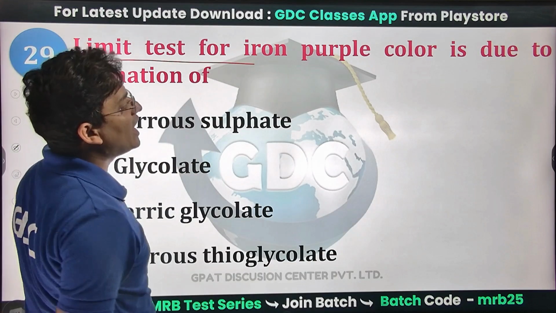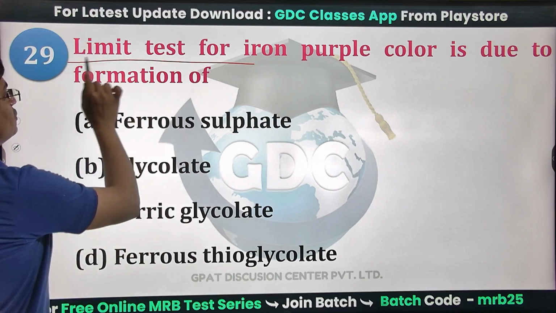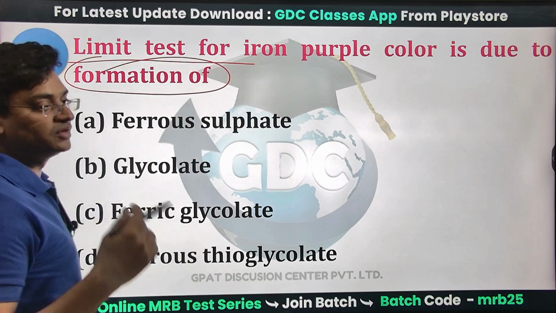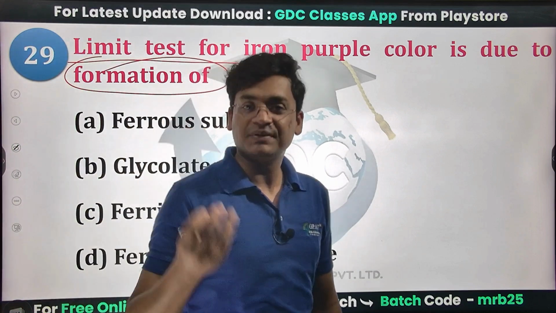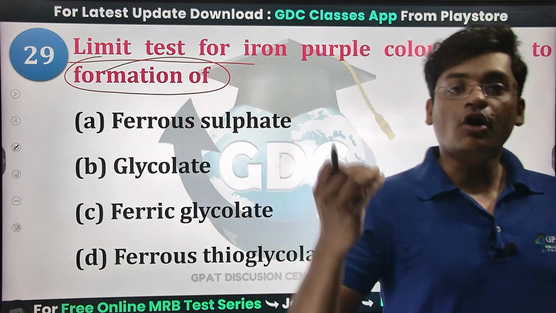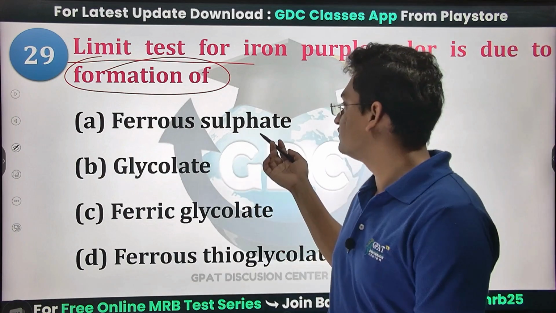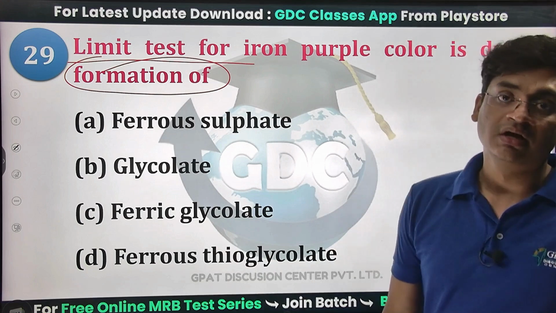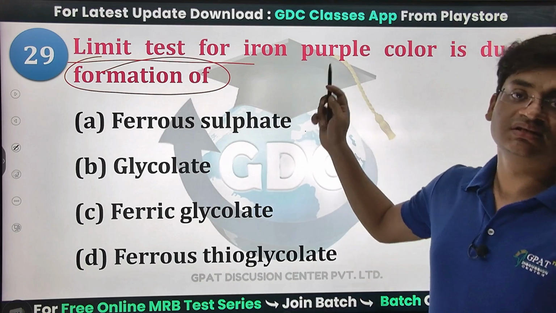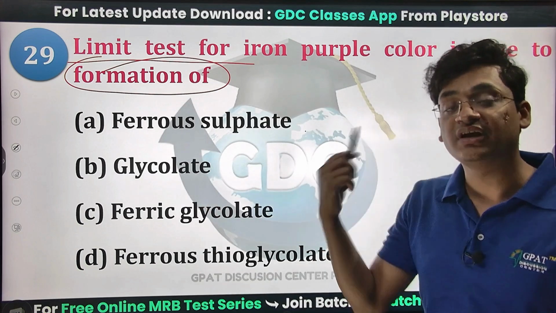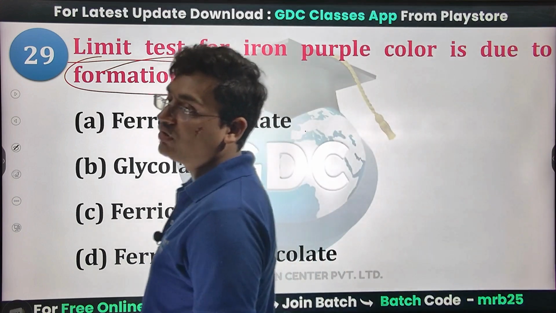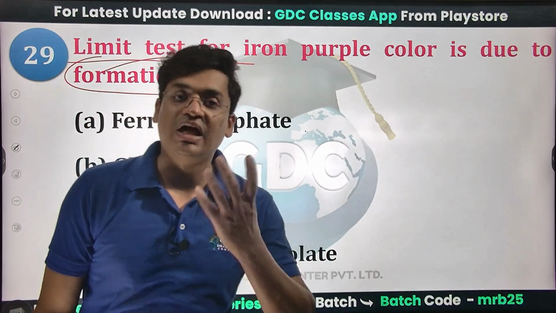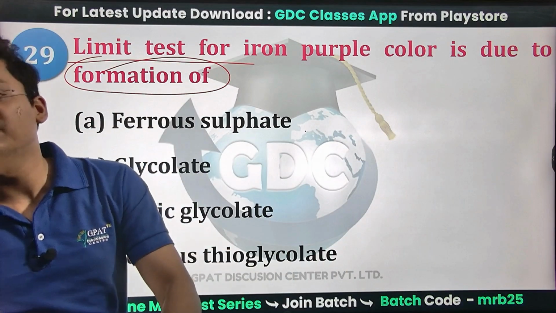Limit test for iron, purple color is due to the formation of? In the case of limit test of iron, you can see that there was a formation of a purple colored complex. It was due to the formation of ferrous sulfate, thioglycolate, ferric glycolate or ferrous thioglycolate. So thioglycolic acid converts ferric ion into ferrous ion, and that ferrous ion reacts with thioglycolic acid to produce a ferrous thioglycolate complex that has a purple color.